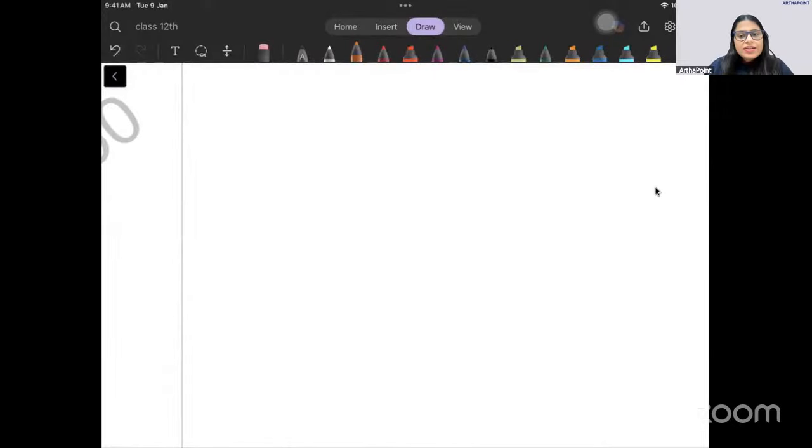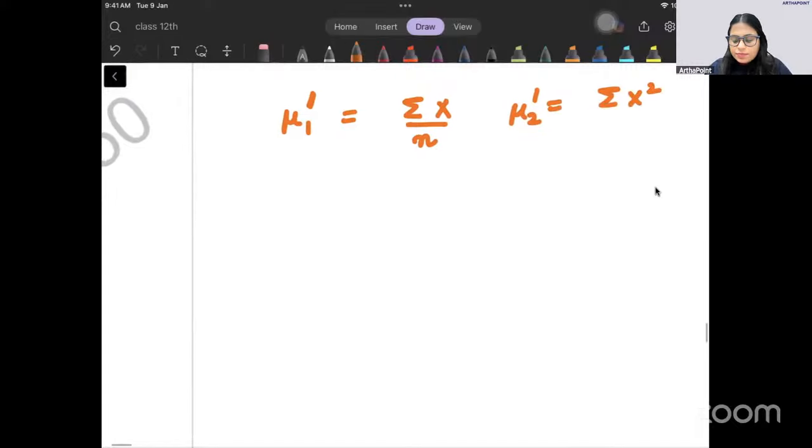So let's say that the raw moment is represented like this. Suppose dash represents raw moment. The first raw moment will be summation x by n. And I know second raw moment will be summation x square by n.